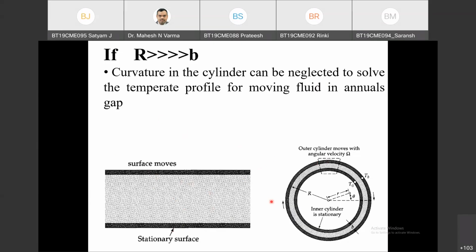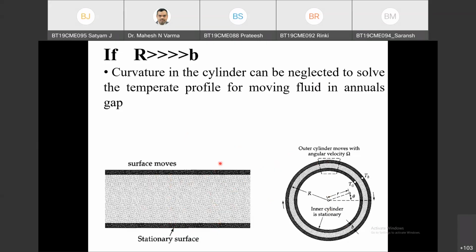Because this B is very small, I can assume a linear velocity in the fluid. Say velocity is 0 here, and here the velocity will be r omega. There will be some variation of the temperature profile, with temperature changing from T naught to TB.